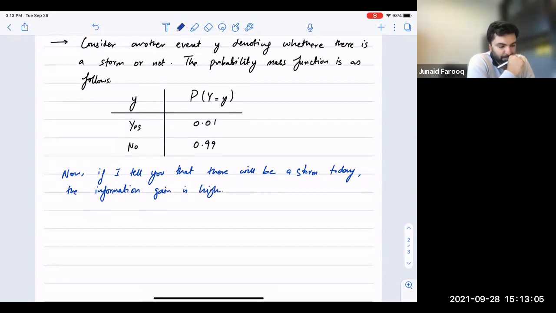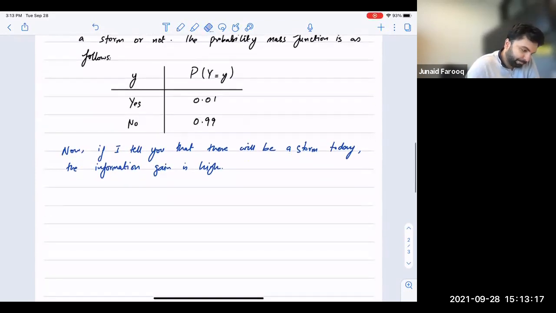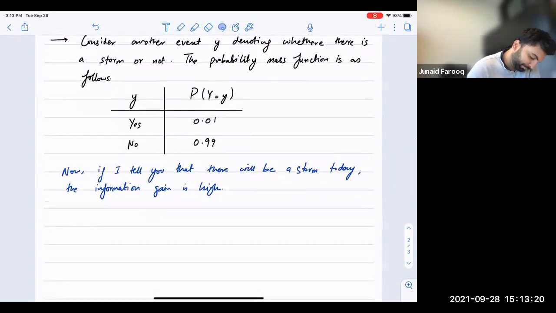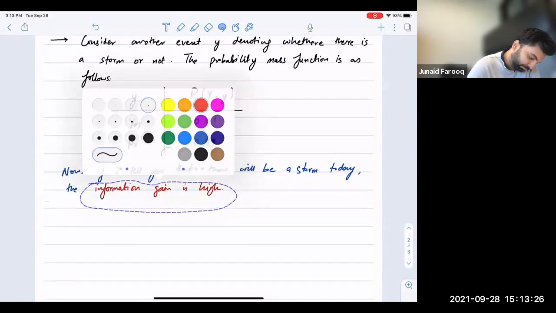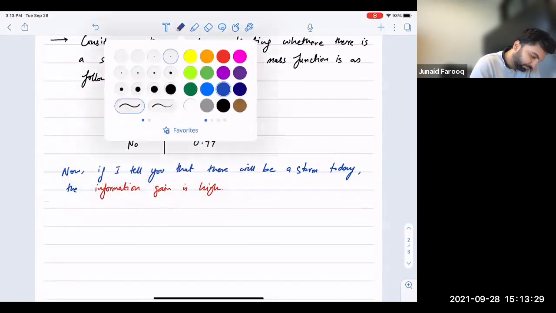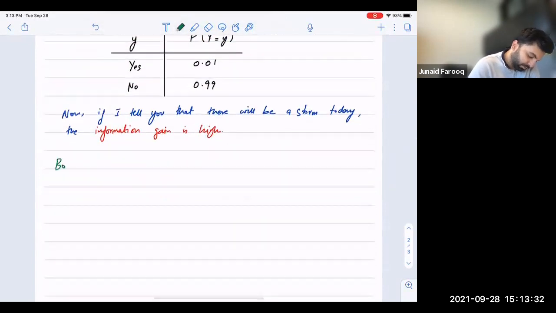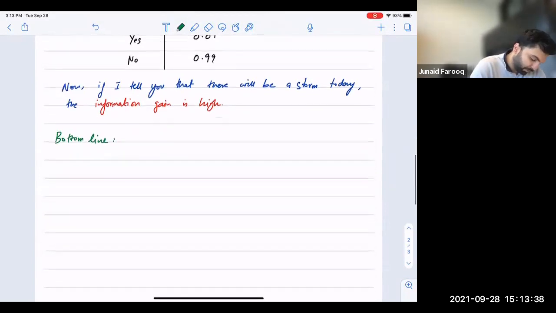Okay, so essentially, if there's uncertainty in a certain event, and if you're able to predict the outcome, there's a lot of information gain. So bottom line, what we infer from this example is that information content is actually directly proportional to the surprise.